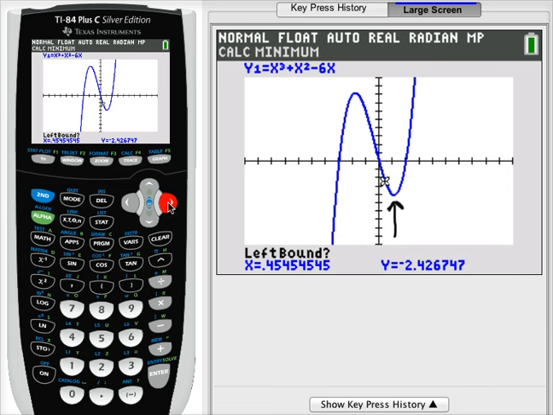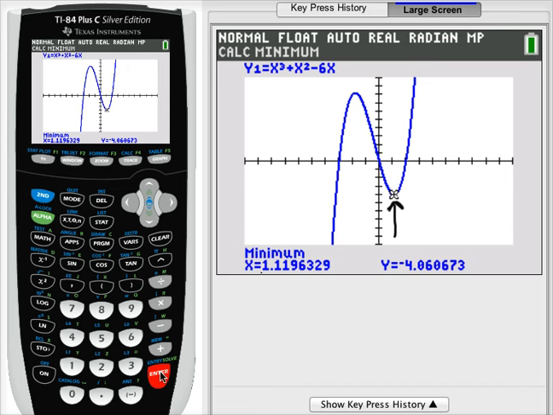So anywhere to the left of where the minimum is, then I'm going to scroll till I'm to the right of my minimum and hit enter again. When it says guess, hit enter one more time, and there it'll calculate it for me.